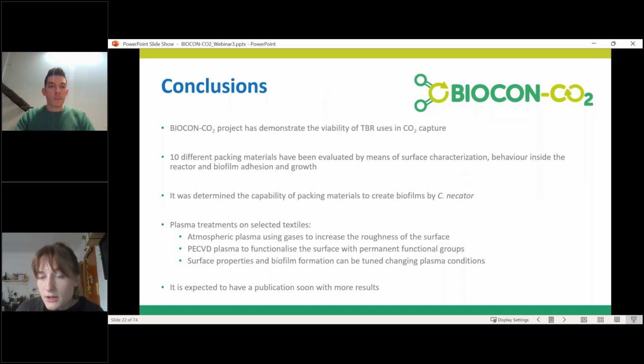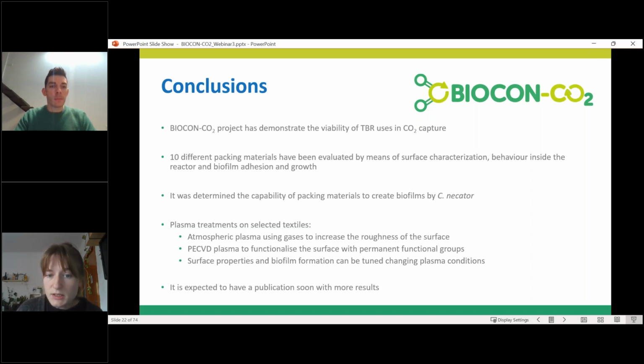And then, as a conclusion of this part, in the BIOCON-CO2 project the viability of the trickle-bed reactor used for CO2 capture has been demonstrated. We also studied 10 different packing materials, which were evaluated by means of surface characterization, behavior inside the reactor, and biofilm adhesion and growth.